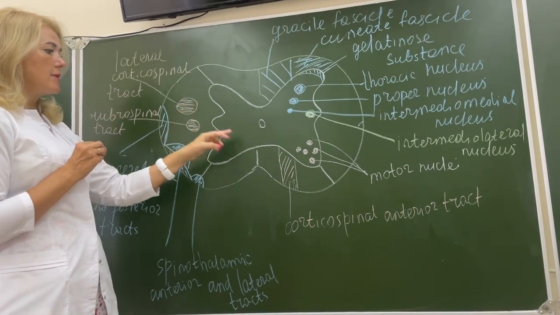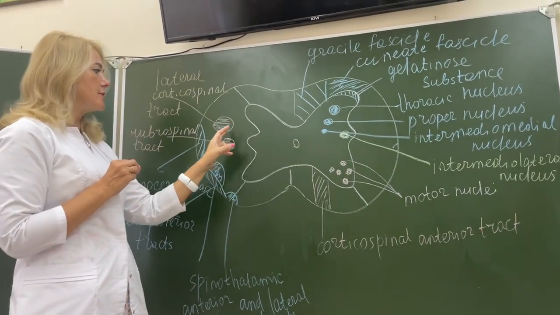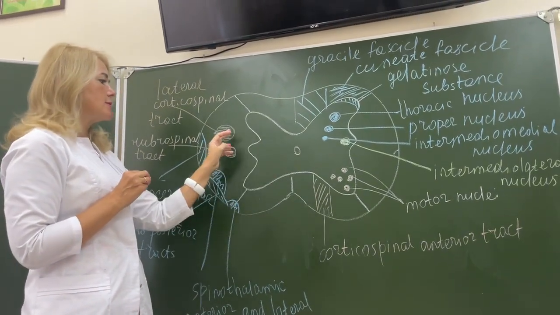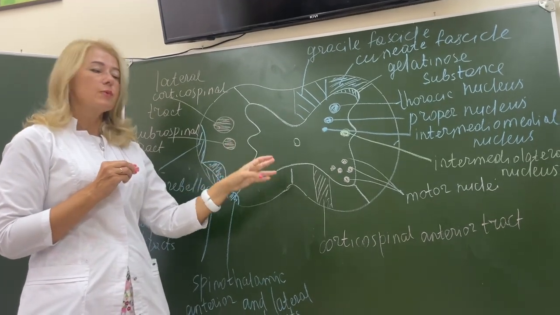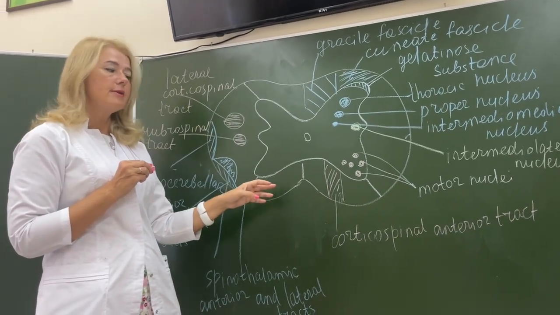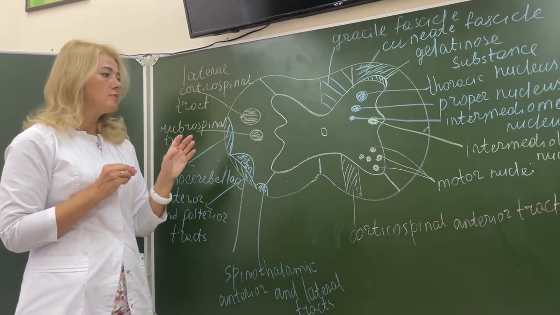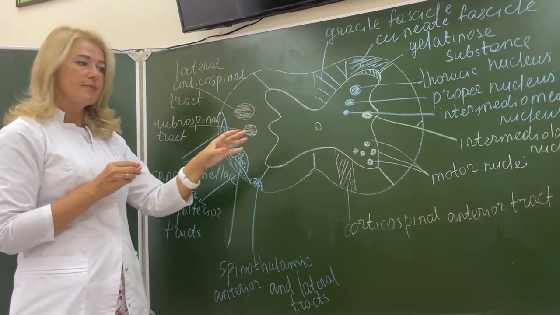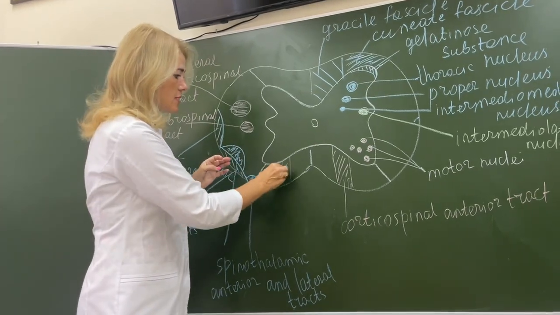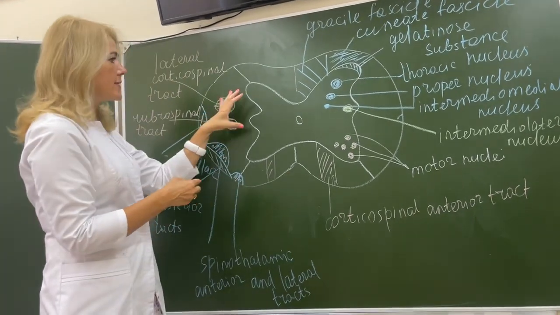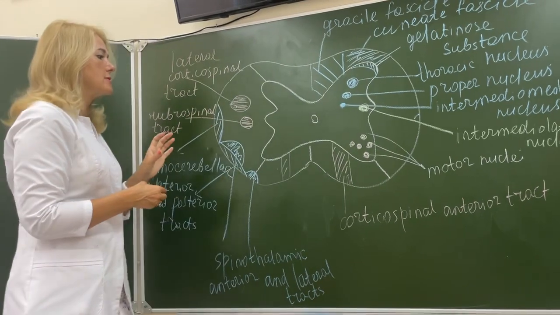The same function, voluntary motor tracts, but a different location. One is located in the anterior funiculus, the second is in the lateral funiculus. We understand that all of them are symmetric, yes? So it would be the same tract here, the same tract there.